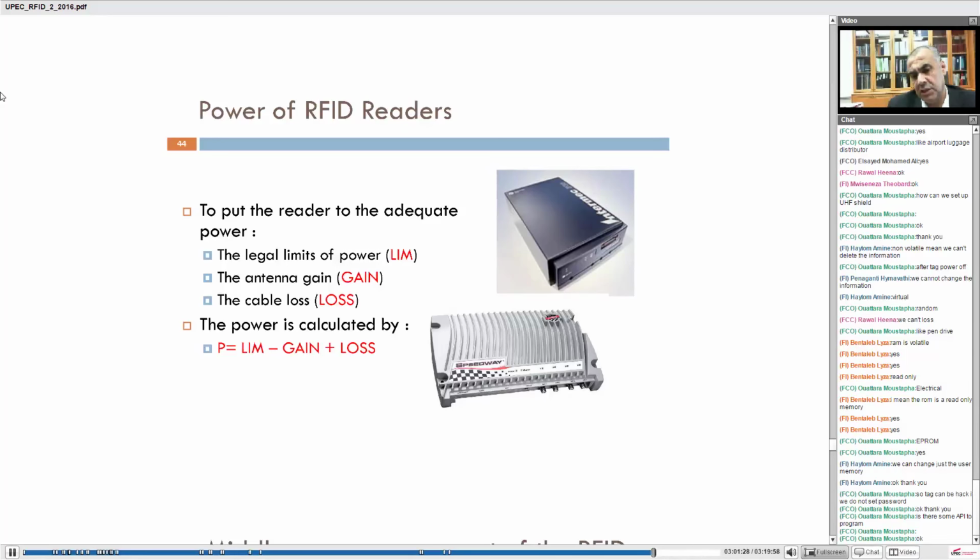You have two types of middleware: the low-level management software and the high-level management software. For the network, you have the firmware, which is like the operating system of the readers. You have the software which manages the failures, the alarms, and the power.